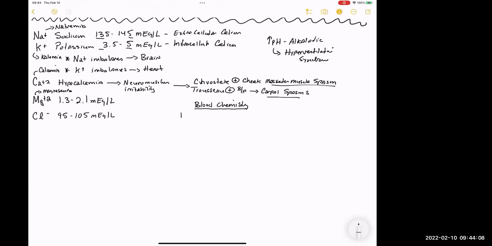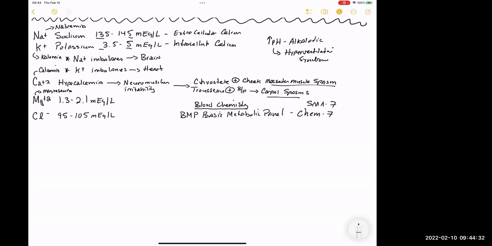There is something called the BMP, that stands for the basic metabolic panel. This is sometimes referred to as the Chem 7 or the SMA 7, because it looks at 7 different values.